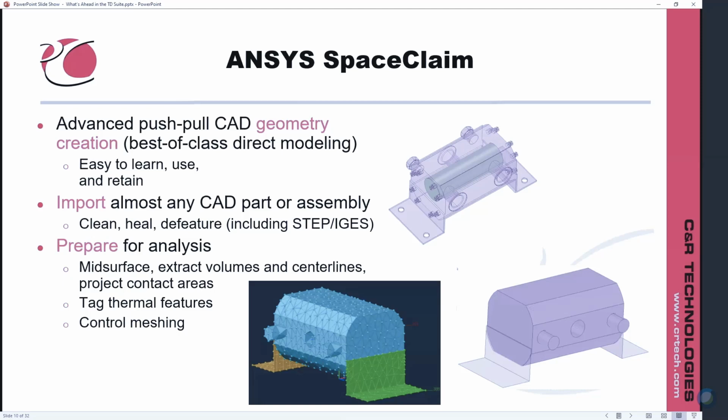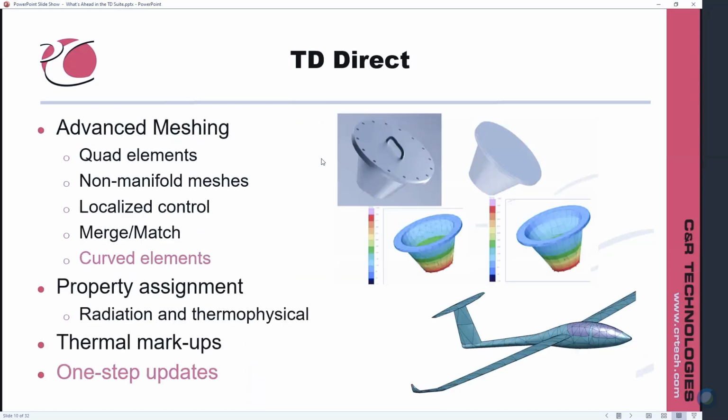And then you can prepare for analysis. So you can mid-surface geometry, you can extract volumes, pull off center lines, project contact areas, and then tag up thermal features such as materials or submodels or heating zones or boundary conditions. And you can control the meshing as well.